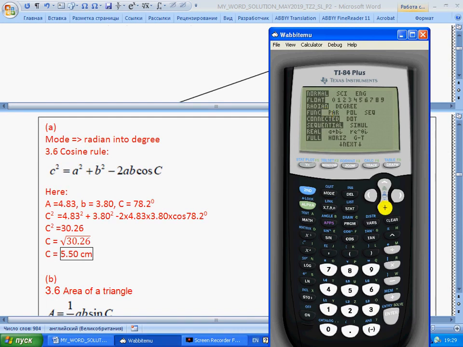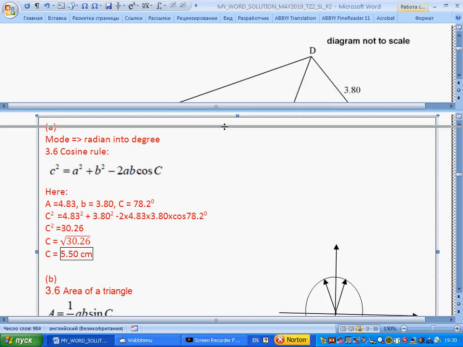So we go down, press enter. Now it is degree, as you can see. Then we press clear, substitute this expression, find the square root of this expression, and we find the side, it is 5.50. Next question.